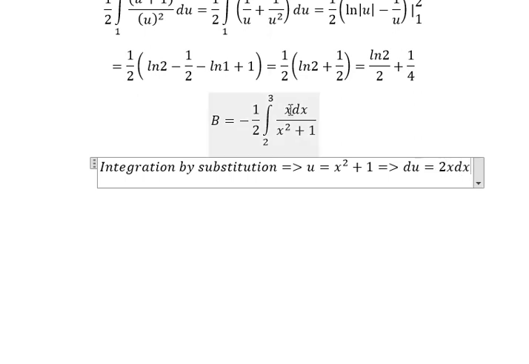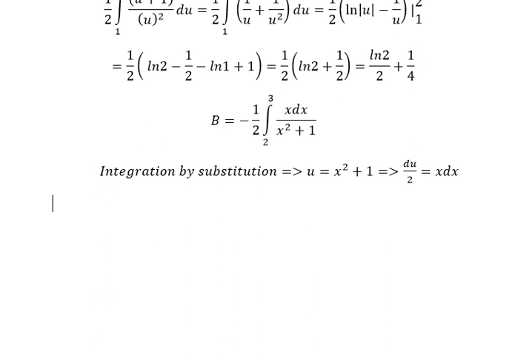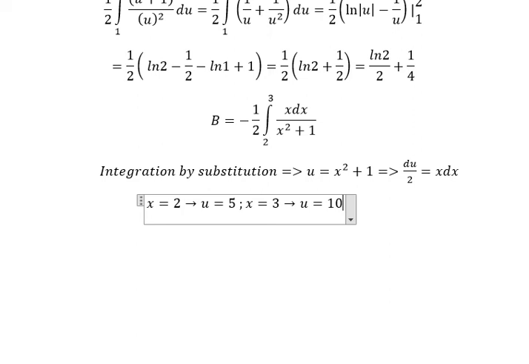So we just have x dx, so we divide both sides with number 2. Now we need to change the value of number 2 and number 3. If x equals to number 2, so u should be number 5. If x equal to number 3, so u should be number 10.